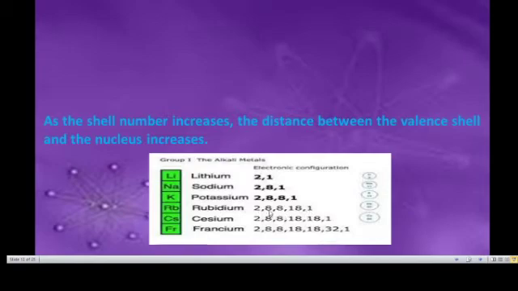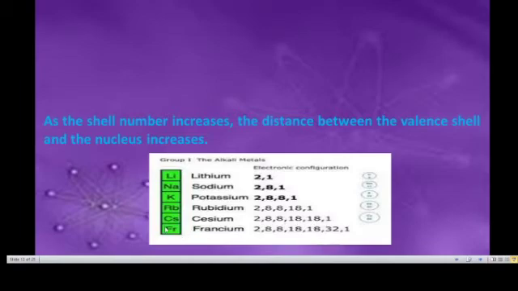Rubidium, electronic configuration 2, 8, 8, 18 and 1. Cesium, atomic number 55, electronic configuration 2, 8, 8, 18, 18 and 1.